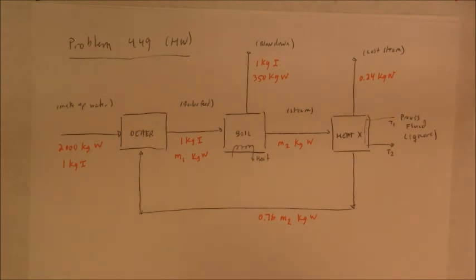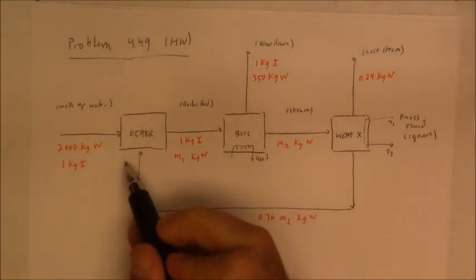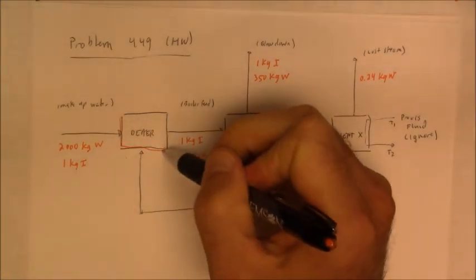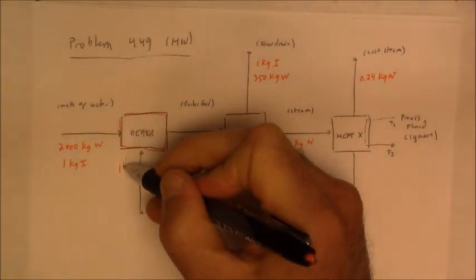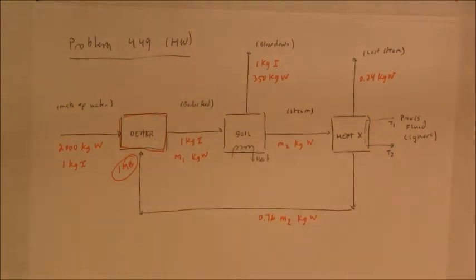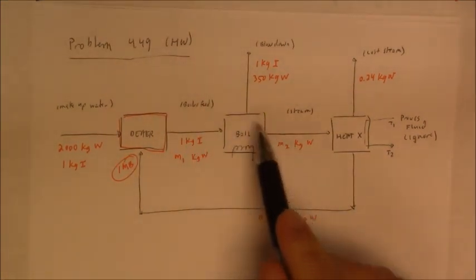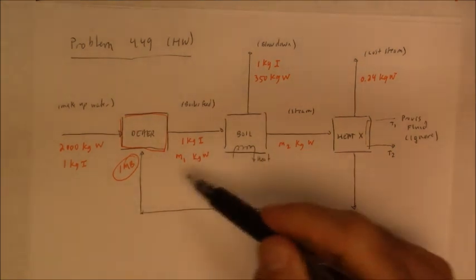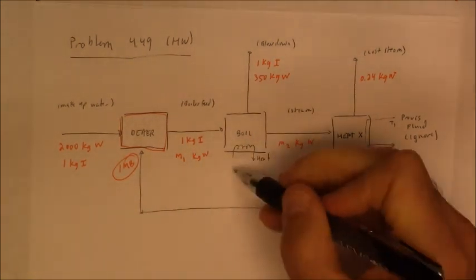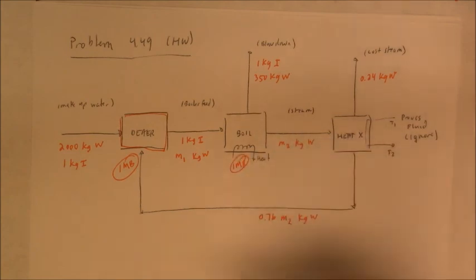Now the tough thing going forward though is I need to remember a couple things. Around this deaerator right here, I already did my impurity balance, so I only have one material balance left. Around the boiler, again, I already used my impurity balance, so here I only have one material balance.